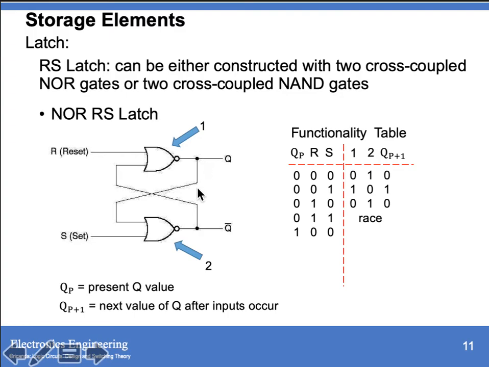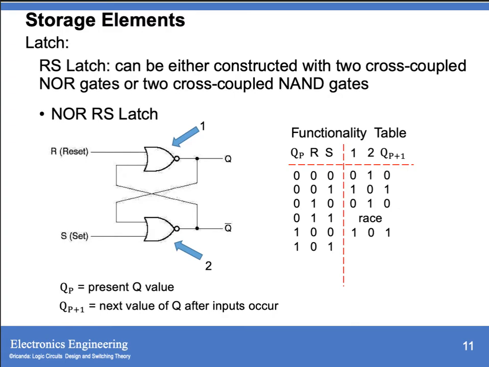If this is 1, then S is 0. We NOR this 1 and get an output of 0. 0 NOR with 0 is equal to 1. So we have NOR 1 equal to 1 and NOR 2 equal to 0. Therefore QP plus 1 is equal to 1.